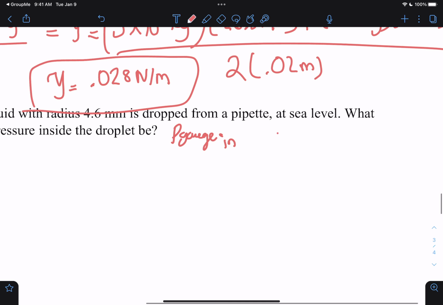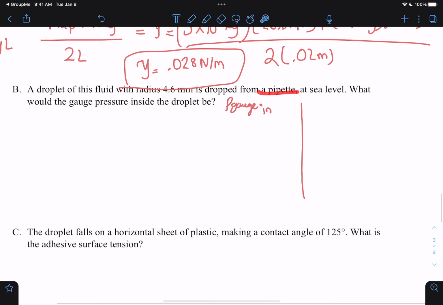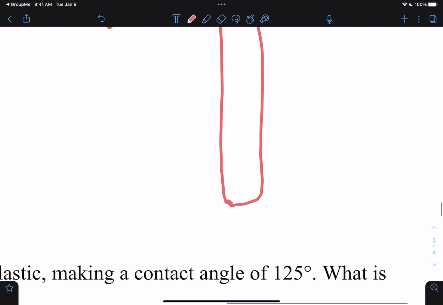Yeah, so let me help you walk through it, right? So we have this pipette, right? Imagine a pipette held up, and we're going to drop a few drops of the liquid from the pipette. Let me reshare.